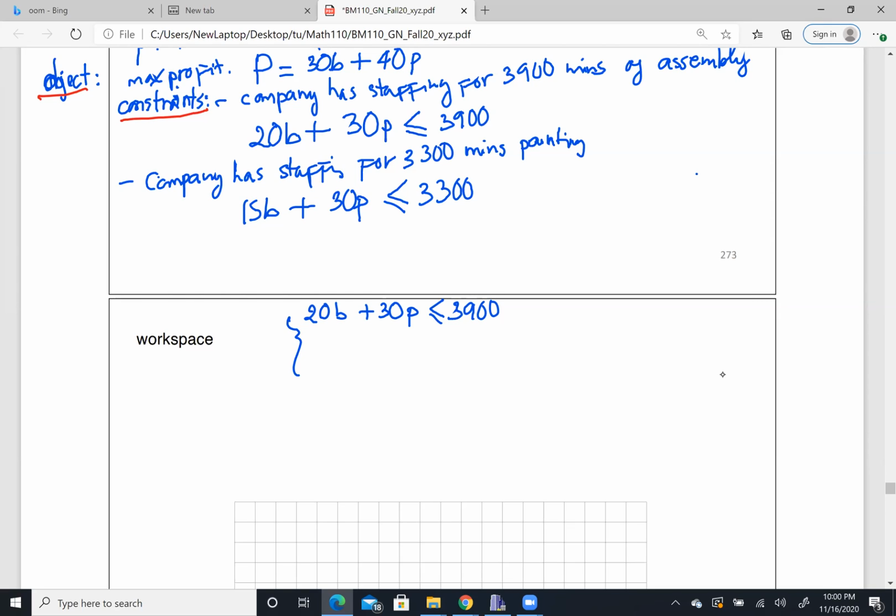And the other one is 15B plus 30P less than or equal to 3,300.